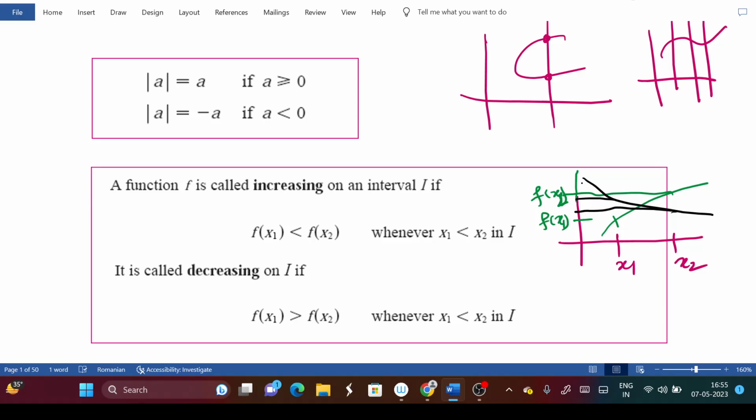So it is decreasing. Here x1 is less than x2 implies f of x1 is less than f of x2, then it is increasing. But here, as my domain value increases but the range value decreases, it is a decreasing function.